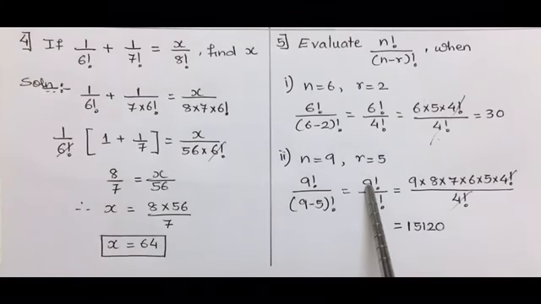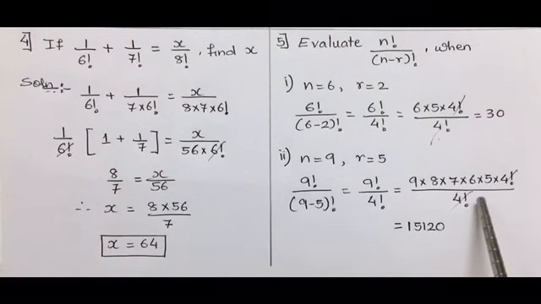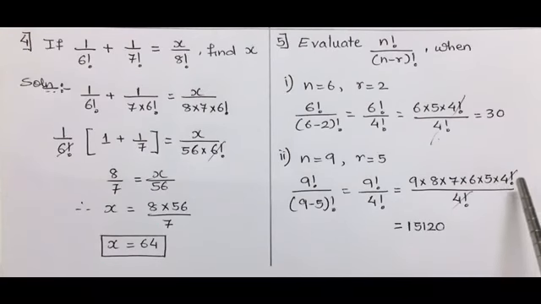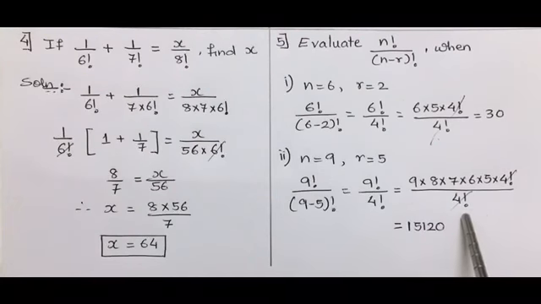Hence reduce 9 factorial till 4 factorial for the cancellation. So reducing it, cancelling 4 factorial and 4 factorial and multiplying it, we get 15120 as the product. So this is how the factorial calculation is done, and in this exercise we have just solved the factorial notations to be calculated.